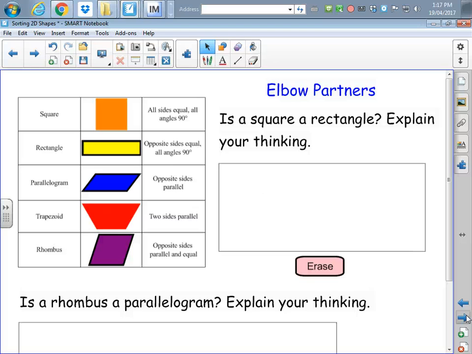So who can tell me what we're going to be talking about? Bryson? We're going to talk to our partners and see if the square is a rectangle. Okay. Anybody not sure what you're talking about? Okay, go.